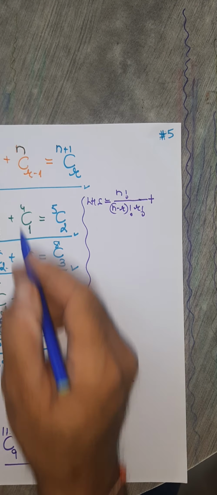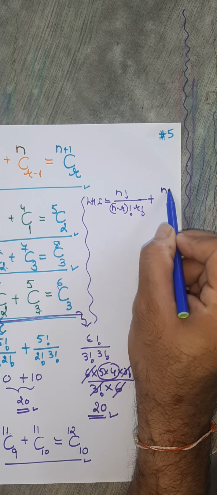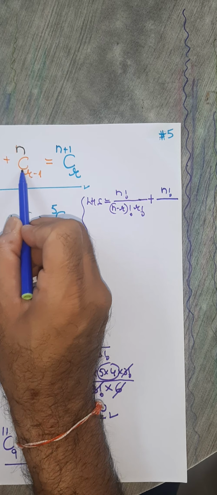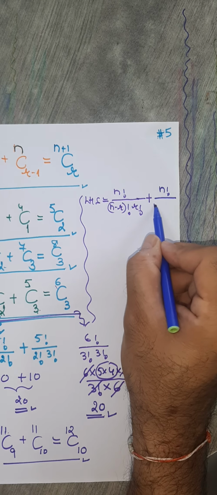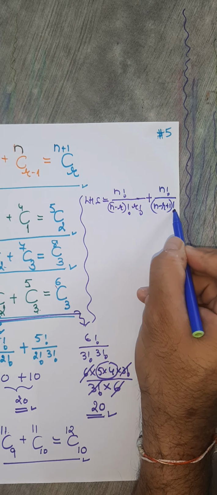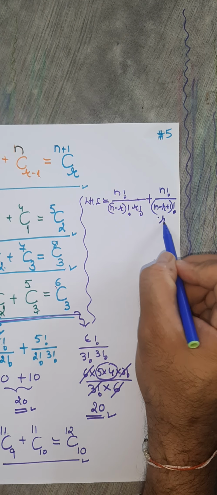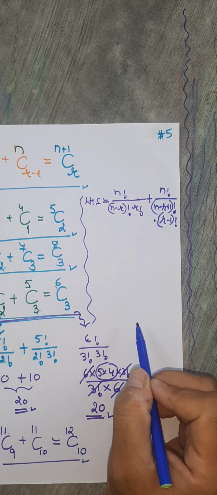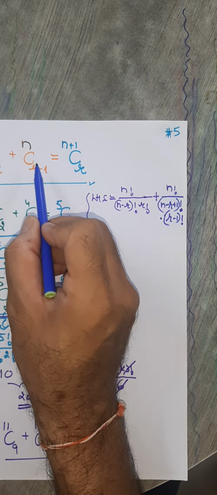what about this? Here n factorial upon this minus this, this whole thing goes in minus, so what you will get? n minus r plus 1 factorial into r minus 1 factorial. Fine. I've just written the formula.